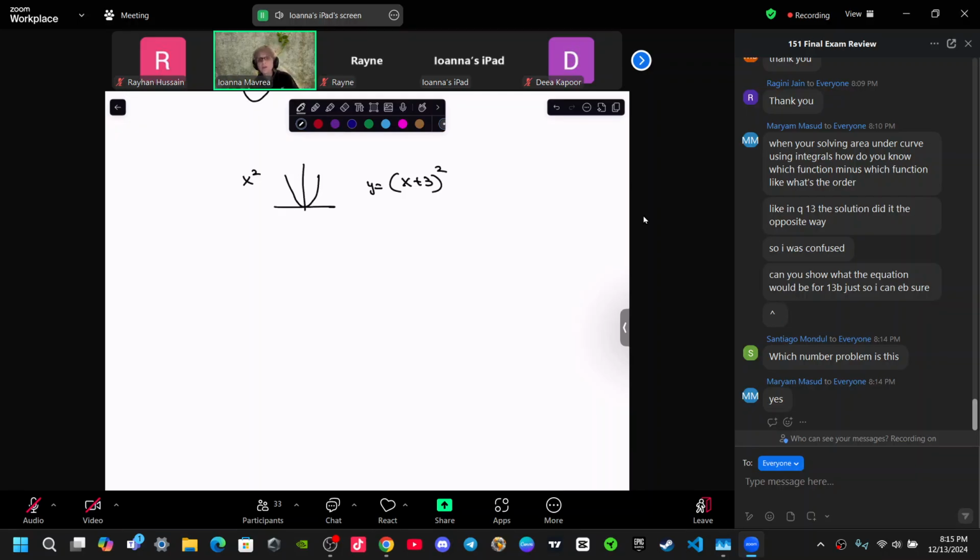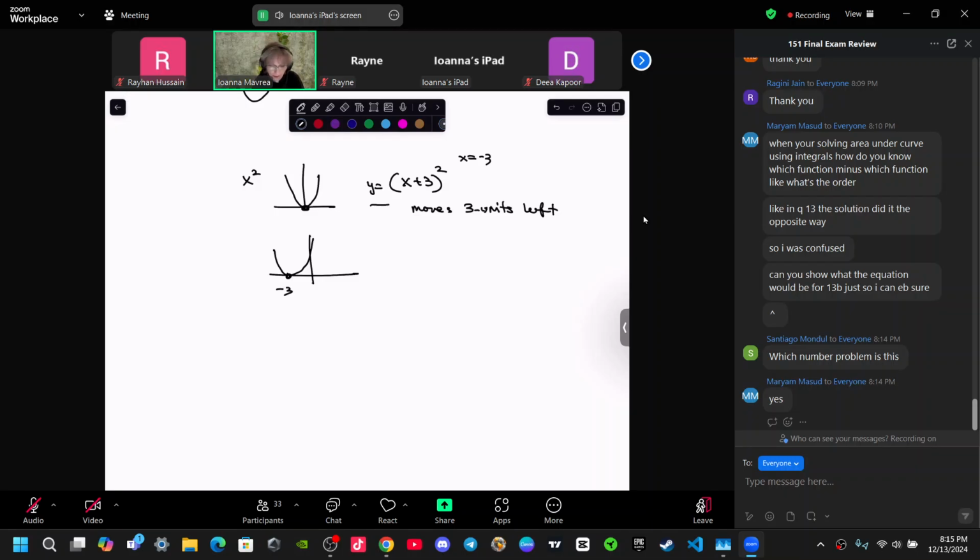So if you add to the x, instead of moving the graph the way x moves to the right, you're moving it to the left. So this moves 3 units left. So instead of being here, that's going to be here. And you can tell when you plug in x equal -3, sure enough, y is equal to 0.